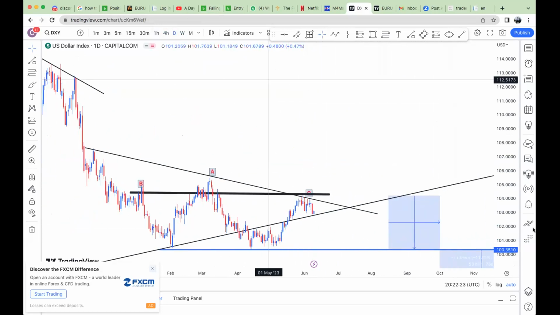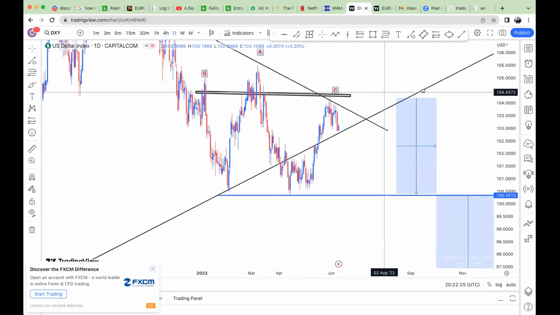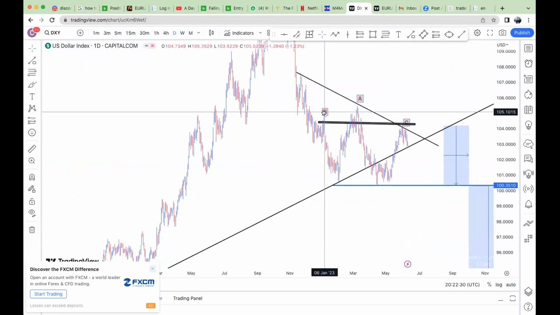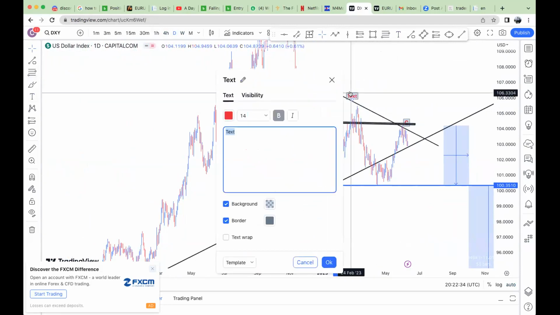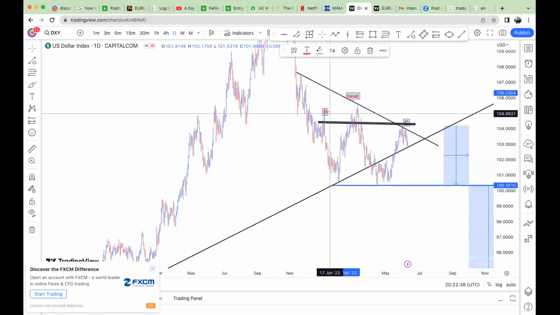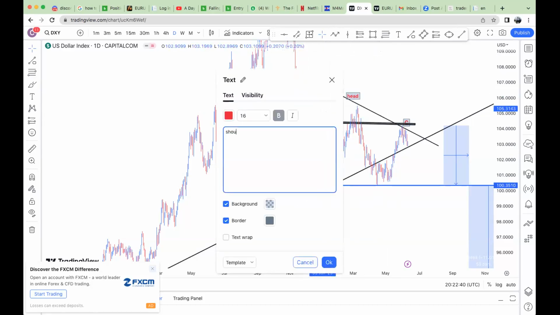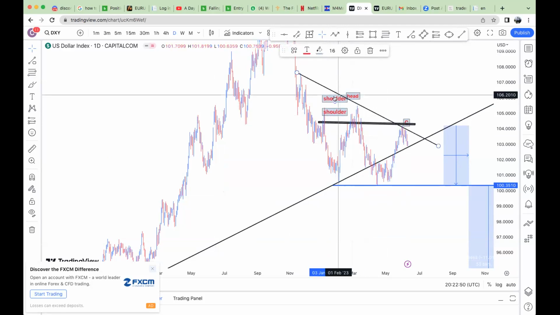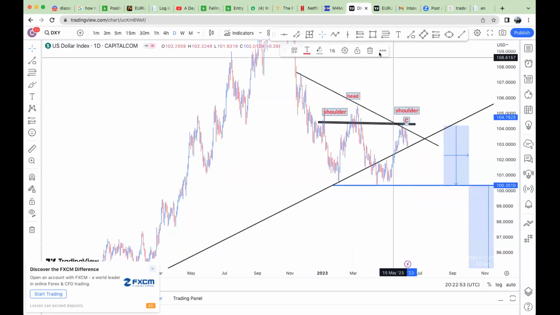Now, the reason I am supporting the bear side of the XY is because of these head and shoulders. So we have a head, we have a shoulder, we have another shoulder here.